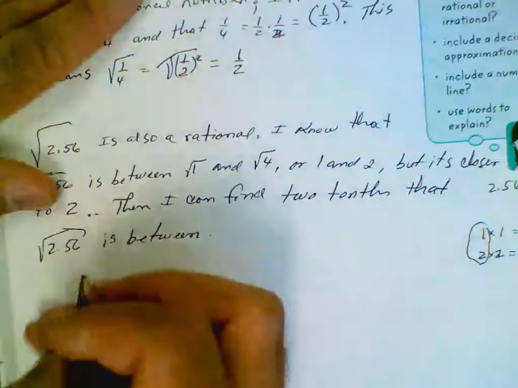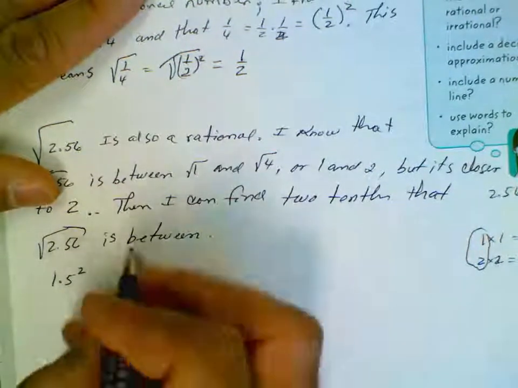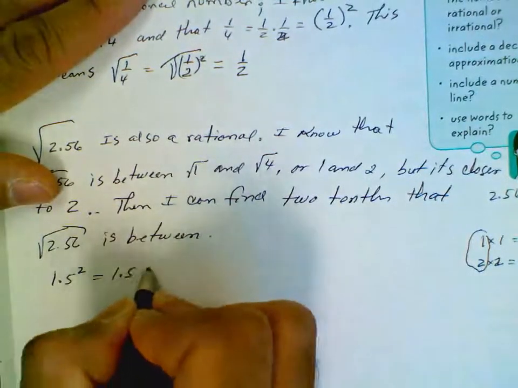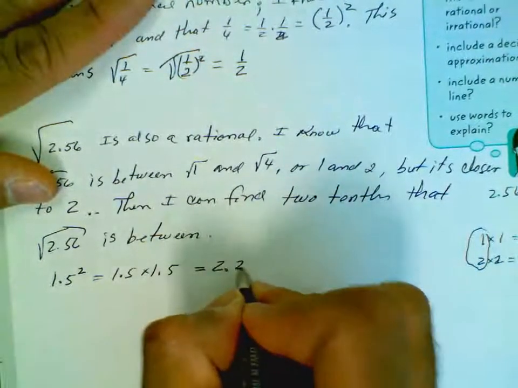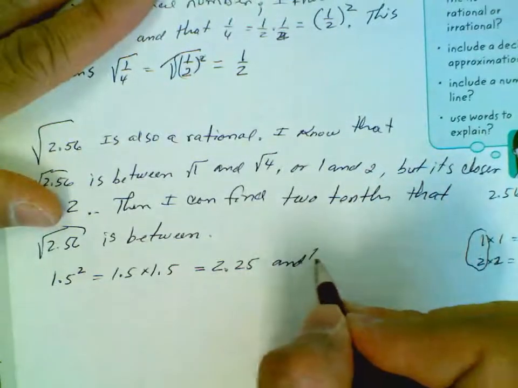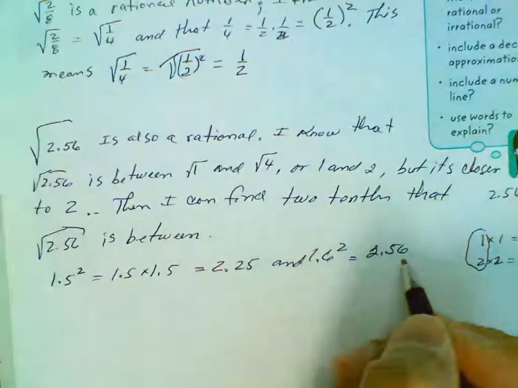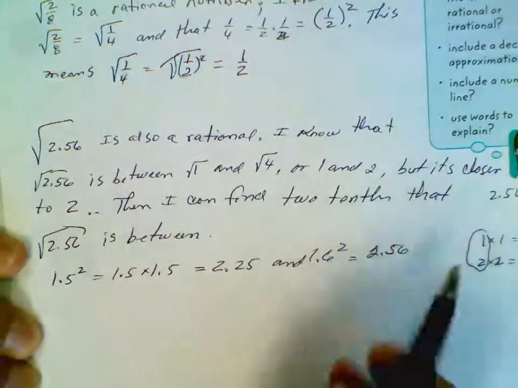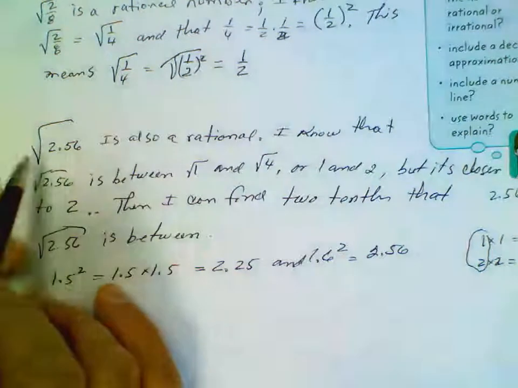So in this case, I'm going to use 1.5 to the second power, and if you multiply that, 1.5 times 1.5 equals 2.25, and 1.6 squared is equal to 2.56. Now in this case, see, 1.6 to the second power is the same as this one.